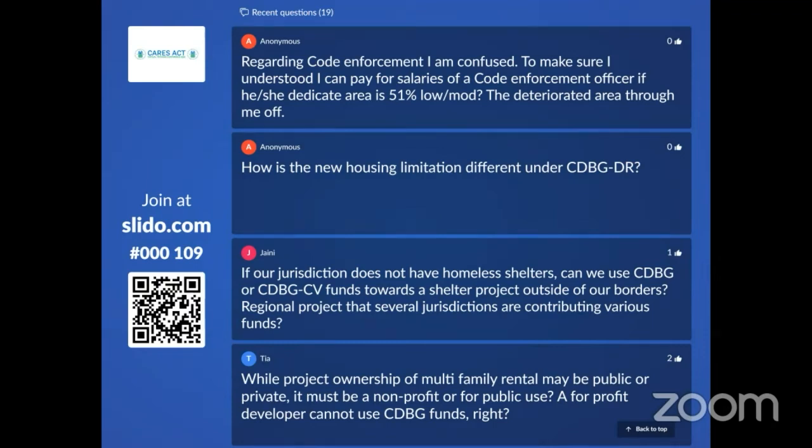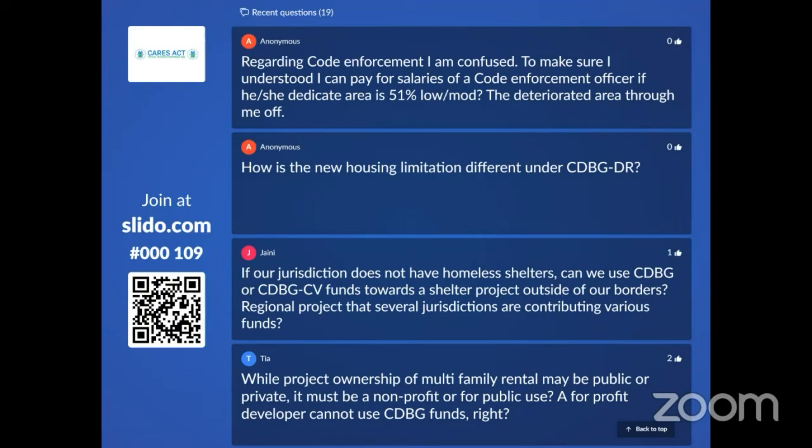If there's no definition, there are standards in 570.208(b)(1) for slum and blight that talk about what's considered slum and blighted that may be used to state that an area is deteriorated or deteriorating.